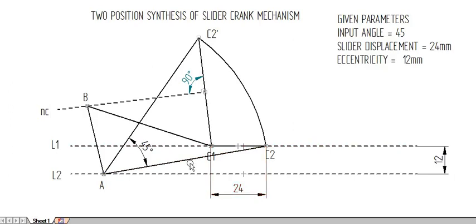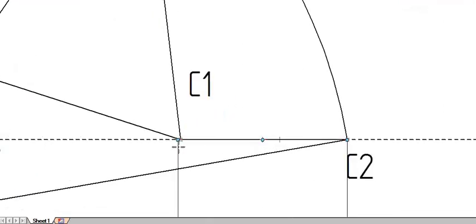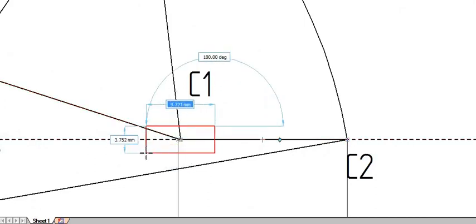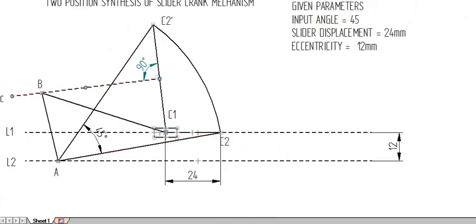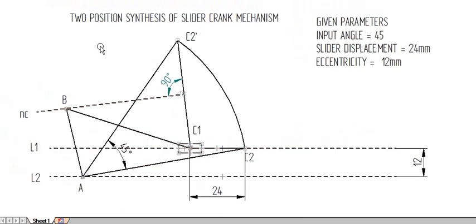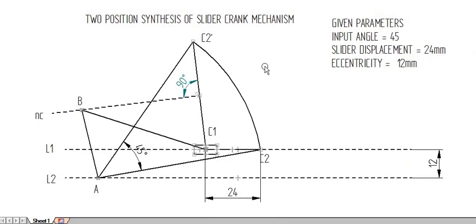So we are going to draw a slider now. For that I am taking a rectangle and zooming in. I am showing the fixed lines.